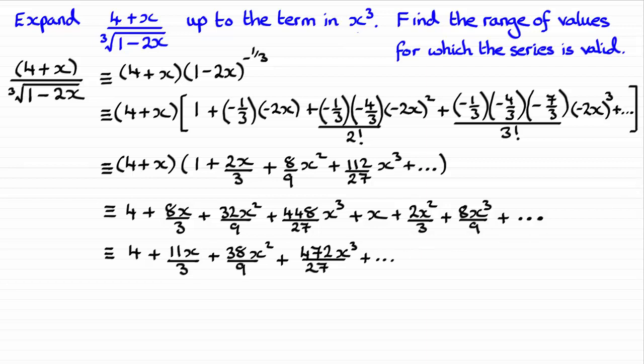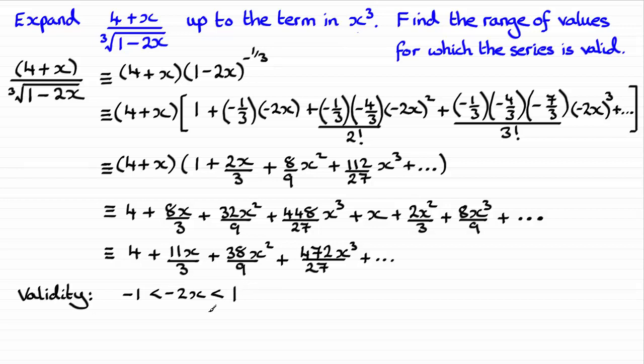Now, when it comes to working out the validity, then I'm looking at this expansion here, 1 minus 2x to the power minus a third. Remember, it's only valid if the term here in x, minus 2x in this case, lies between minus 1 and 1. So we've got minus 1 must be less than minus 2x, which in turn is less than 1.